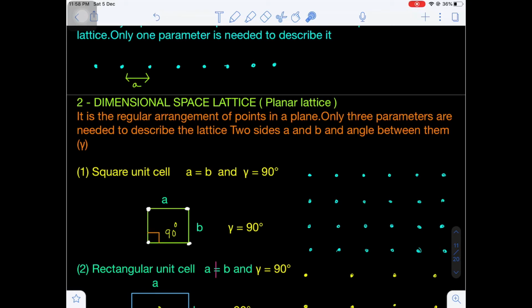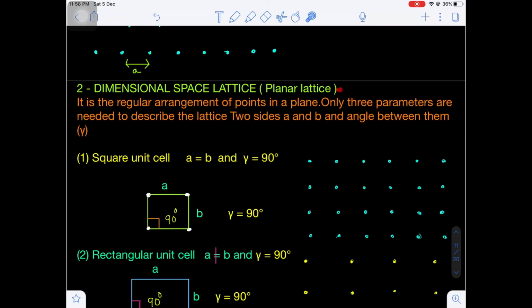To describe such a two-dimensional space lattice, we require 3 parameters: two side distances, let's say A and B, and the angle between them, gamma. There are a total of 5 types of two-dimensional space lattices.